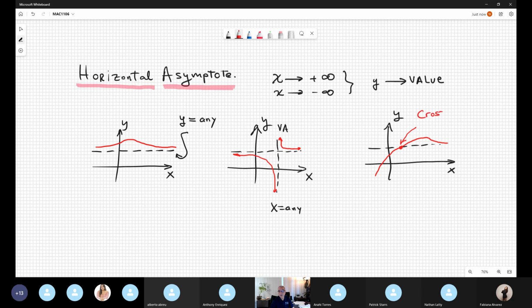I want to explain how you determine the crossing point. So it's important that when you analyze the horizontal asymptote, you analyze number one, whether it exists or not. Number two, at what value. Number three, crossing or not. This is what we investigate now in different examples.